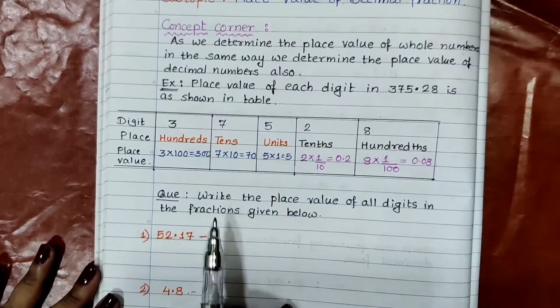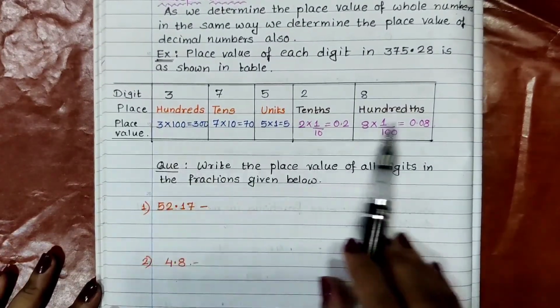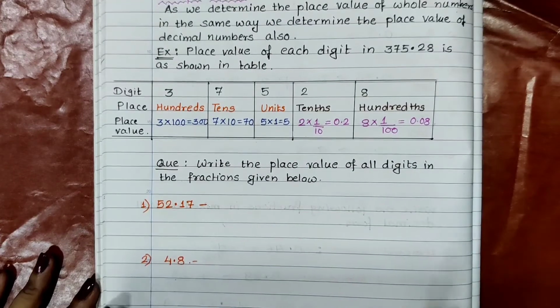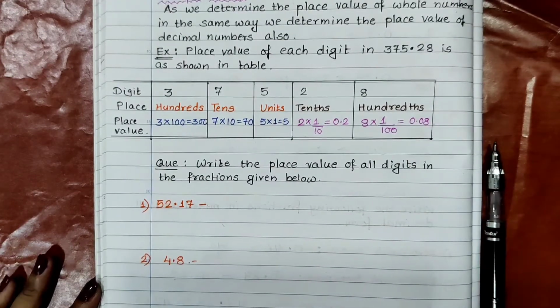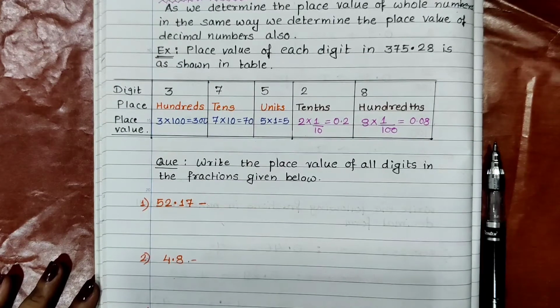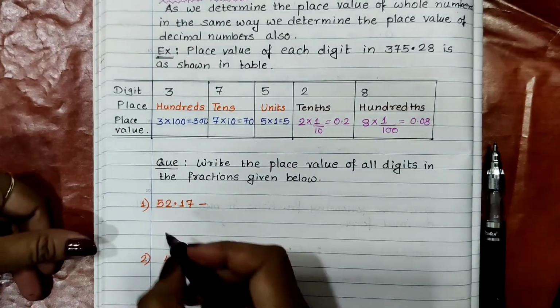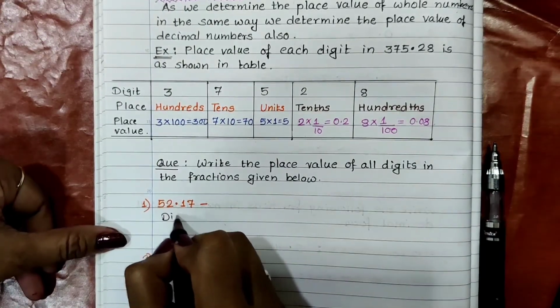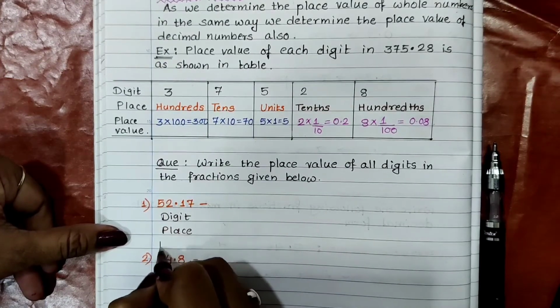In the same way we have to write this question, and we will write its answer in the same format. So let us write. The first number is 52.17. First we will write the place and then the place values. First write all the digits from 52.17. So first we write the digit, then we write the place, then we write the place value.